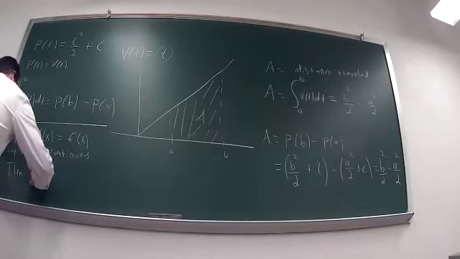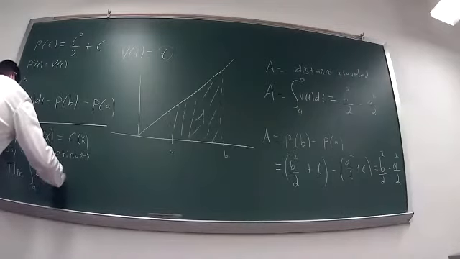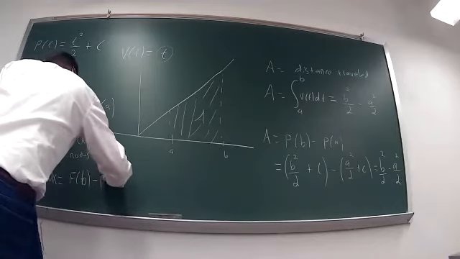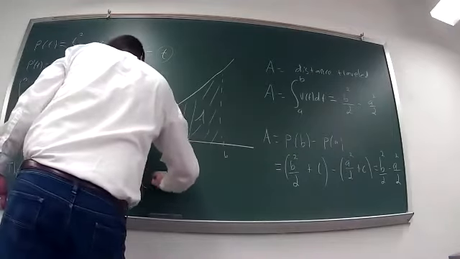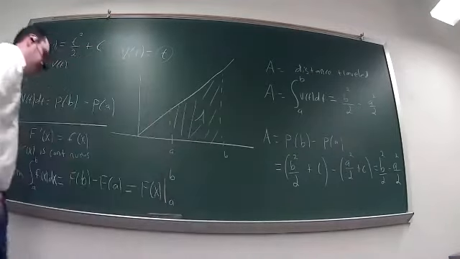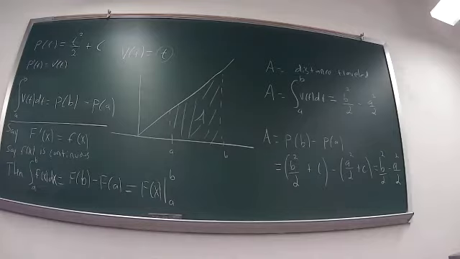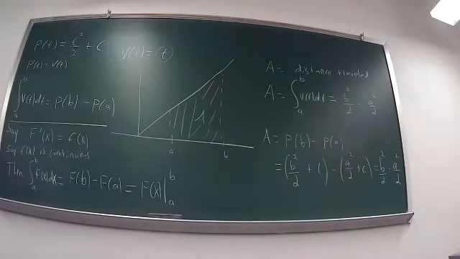Then it's going to be true that the integral from a to b of f of x dx is actually equal to capital F of b minus capital F of a. And by the way, we notate that by writing capital F of x with a vertical line and then the two points a and b. So we're saying that we are evaluating this at the endpoints of the interval.